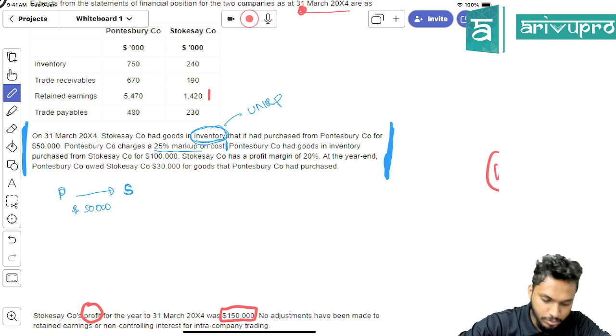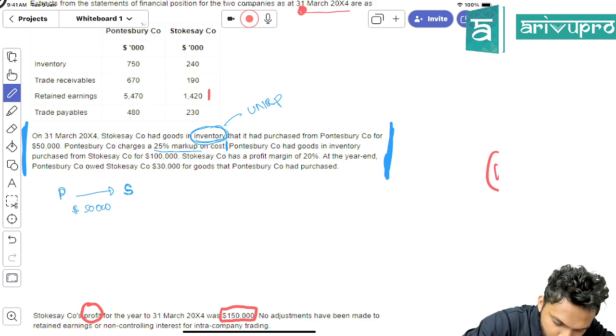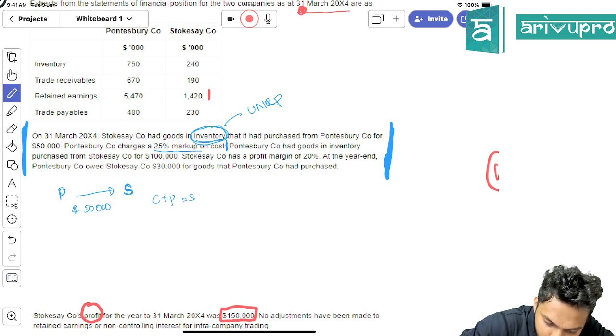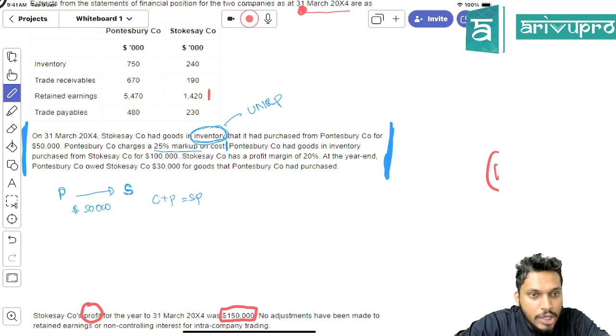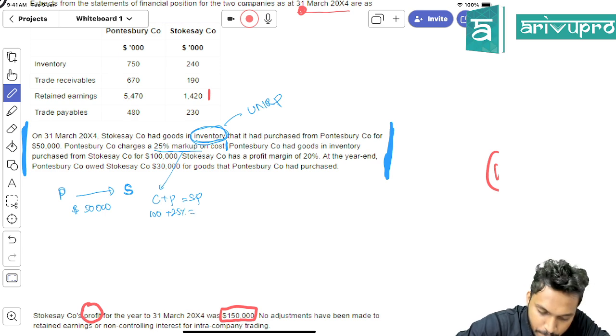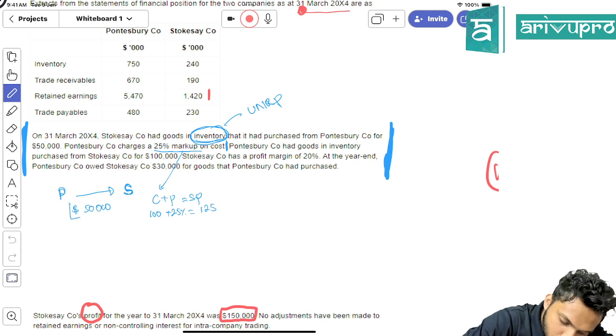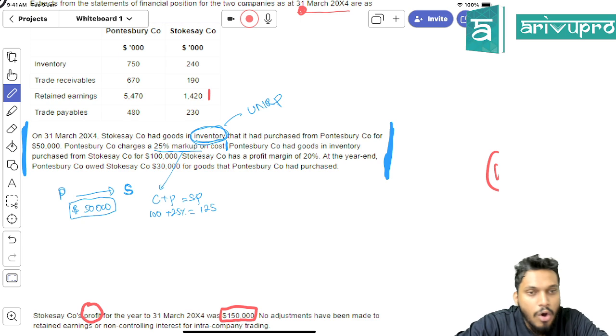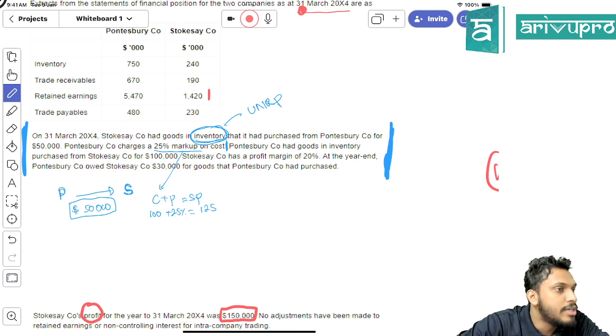Right. So now cost plus profit is equal to selling price. You know that equation. Markup means your cost is 100%, so your profit is 25%, so your selling price is going to be 125%. Is this 50,000 your selling price or your cost? How did you decide it?